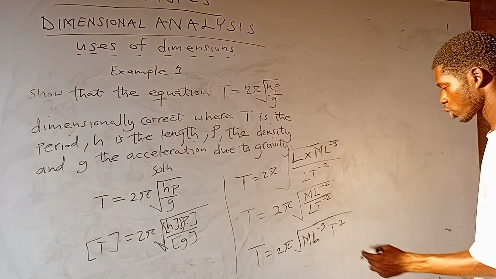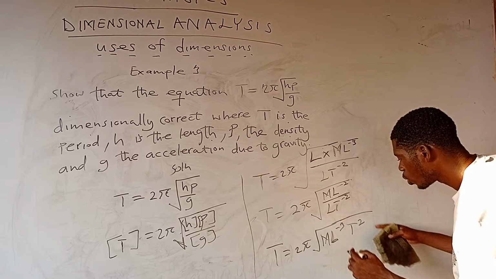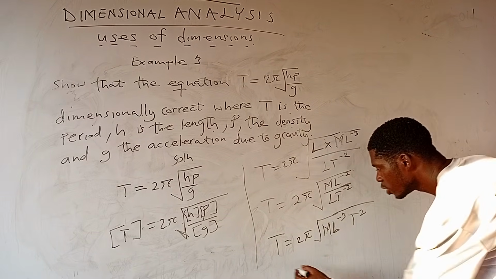So you continue. You want to remove the bracket, so you square both sides of the equation.